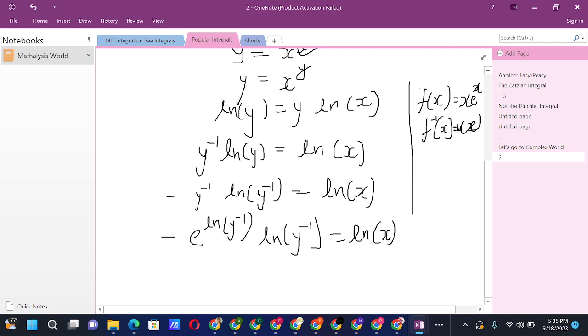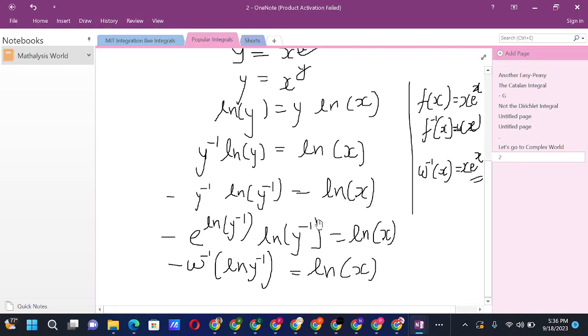So this f of x should be the Lambert inverse of x. Lambert inverse of x is basically x e to the power x. Now this expression is just Lambert inverse of ln of y inverse, isn't it? That makes it easier to combine this y into a single expression, and that's how it's useful.